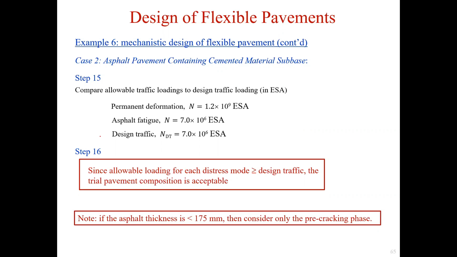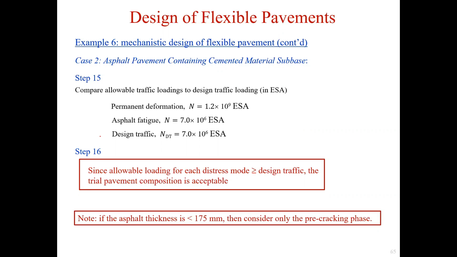Previously, we also calculated the design traffic as NDT equal to 7 times 10 to the power of 6 ESA. As the allowable loading for each distress mode is equal to or greater than the design traffic, we can draw the conclusion that this trial pavement composition is acceptable.